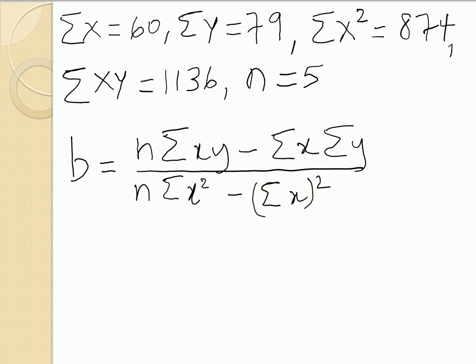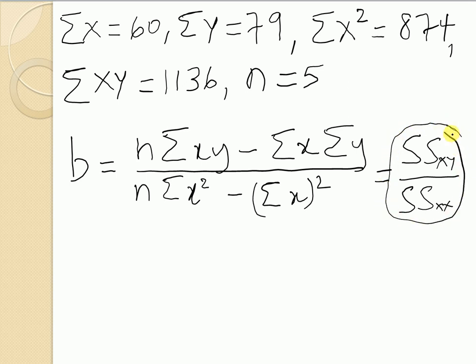It's worth mentioning that there are alternative ways of writing this formula, and one common abbreviation is the sum of squares between x and y divided by the sum of squares of x. Although if you write it this way, it doesn't really give you anything much to go on, because this is essentially equal to all of this here.